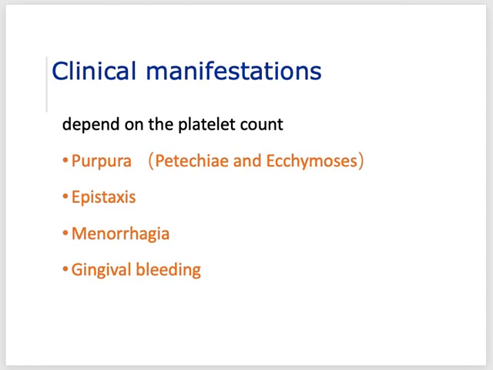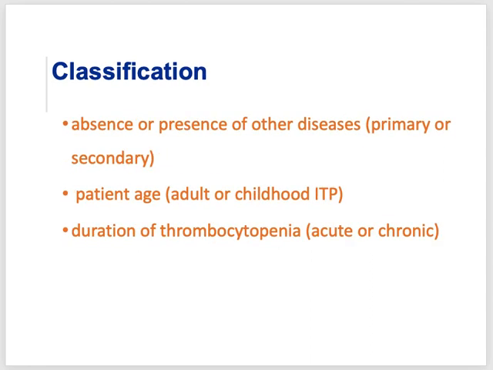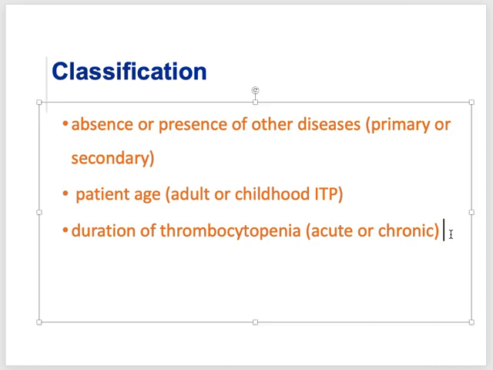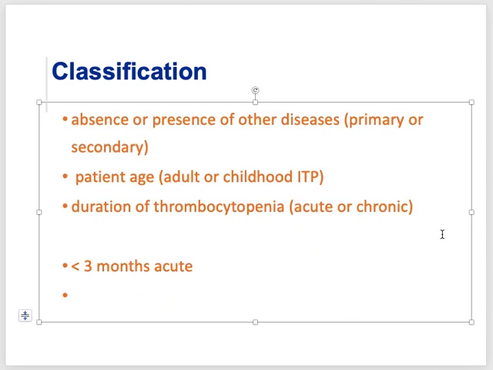Okay, so less than 3 months is called an acute condition, and when the condition is 3 to 12 months, we call this condition persistent.